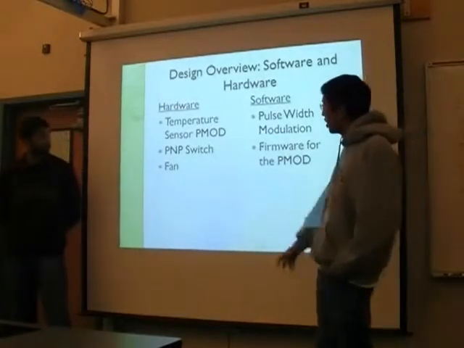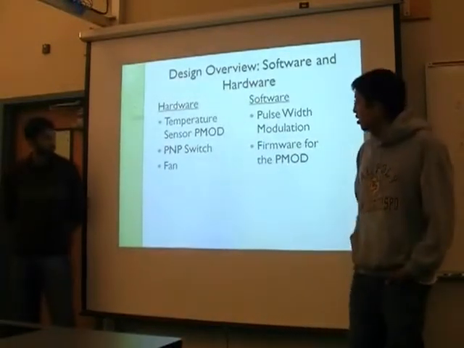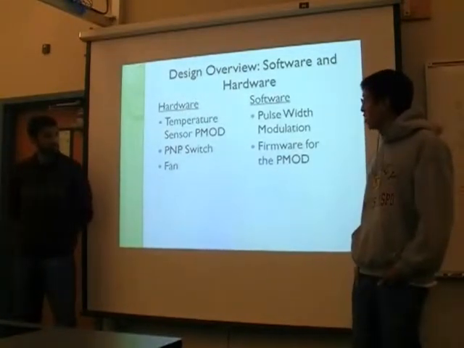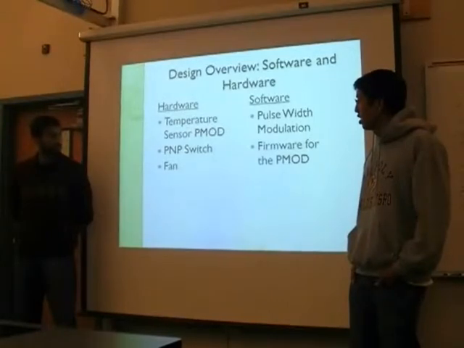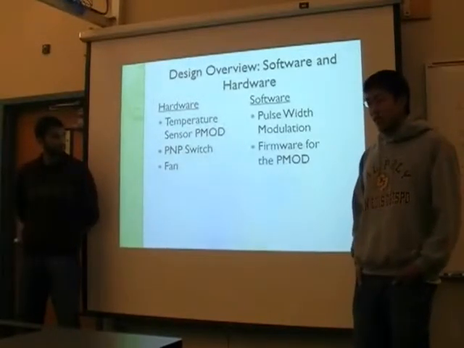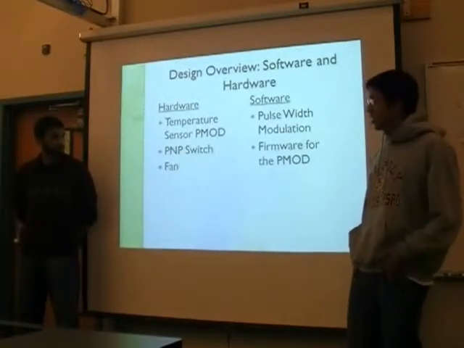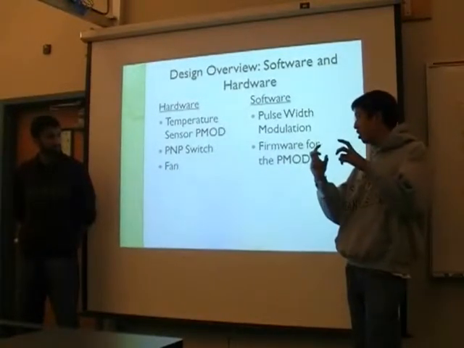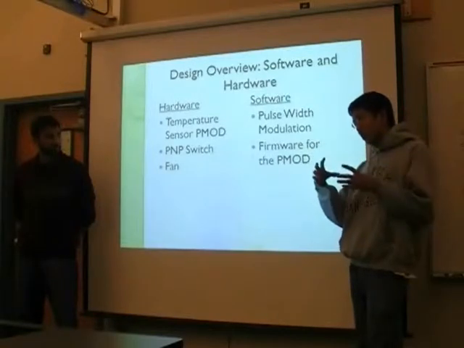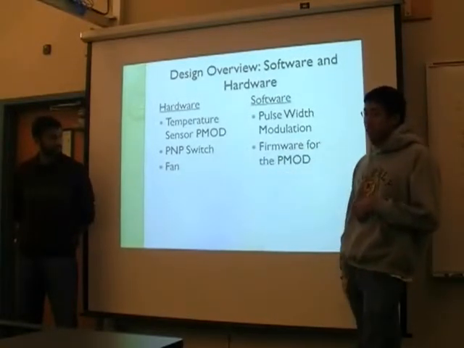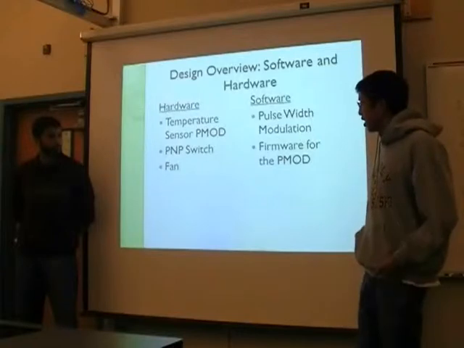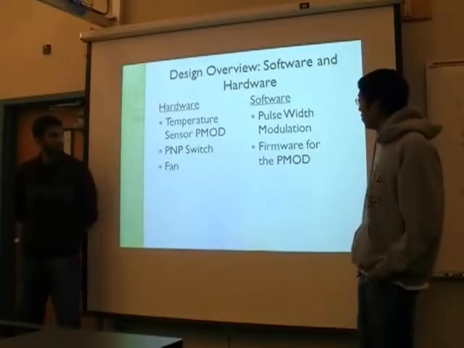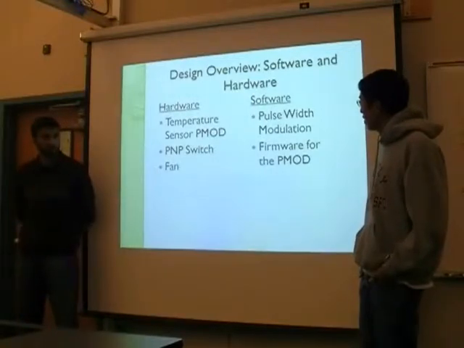So for our hardware, we've got a temperature sensor from Digilent that reads temperatures. We made a BJT PNP switch because at first we wanted to hook up the fan straight to the timer counter, but it was drawing too much current, so we had to make a switch to handle that current. Then we have our load, which is our fan. For the software, we use pulse width modulation.